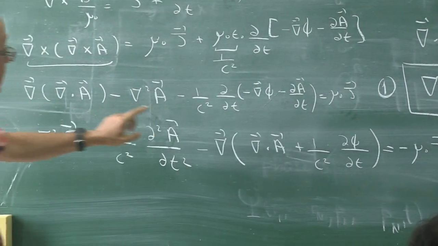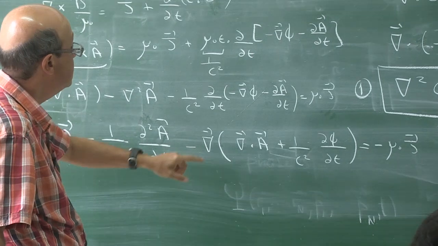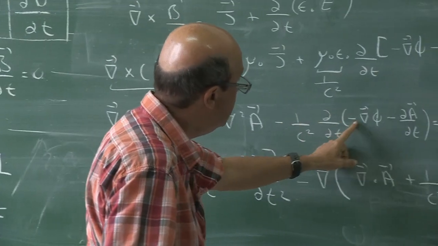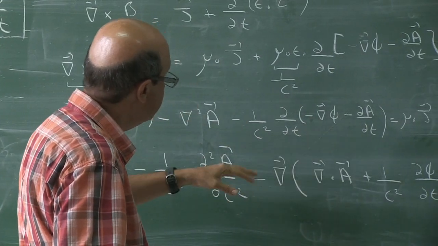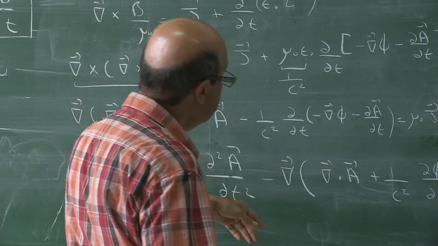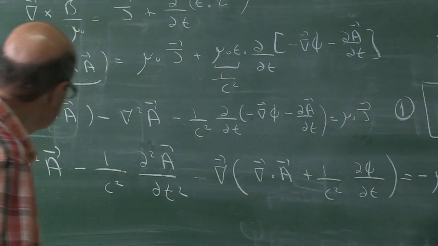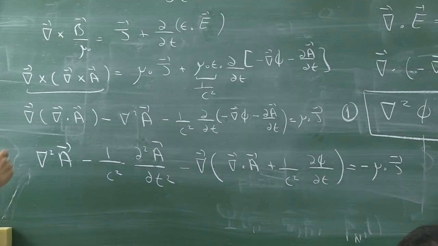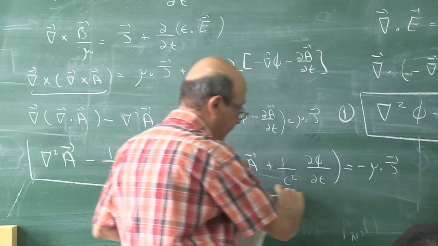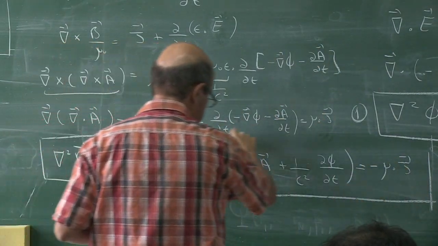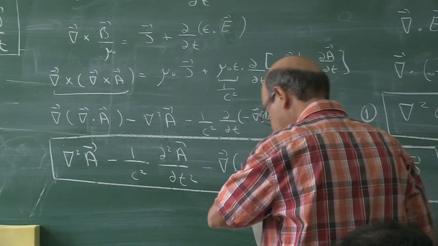So this is correct. And let us look at this term. If you change the order, take the gradient outside, this is positive, but multiply minus on the left and right, that will be minus again, and you will get gradient of that term. So that is the second set.